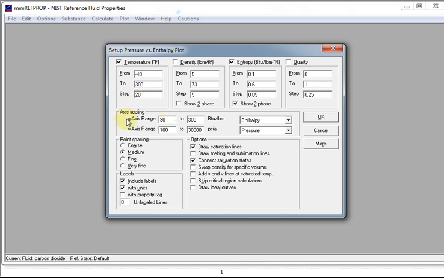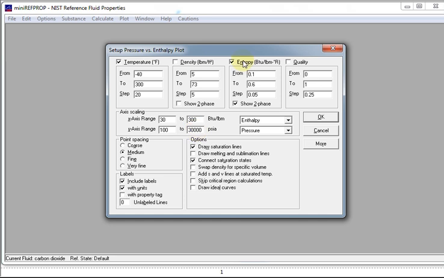The x-axis in BTUs per pound looks reasonable, and the y-axis looks like it's going to go way up there to 30,000 psi. Maybe I don't need 30,000 psi. How about just 10,000 psi, huh? Right? I'll leave 30,000, fine.